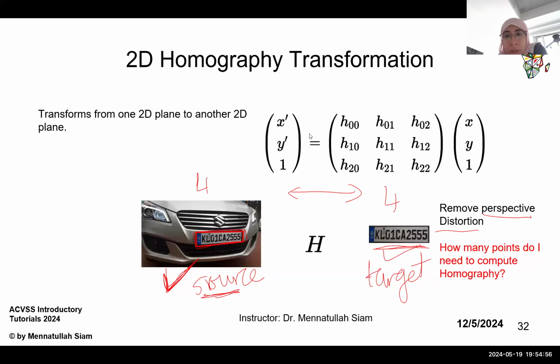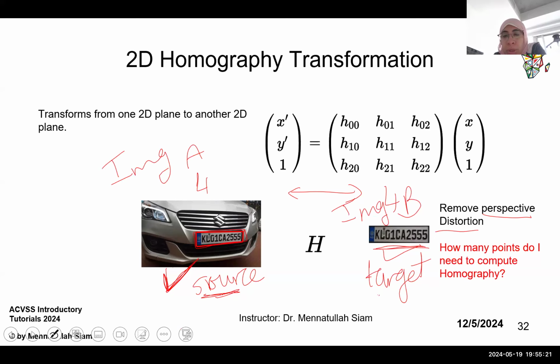Any suggestions? So I have a license plate. I'm trying to remove perspective distortion. I'm trying to go from image A to image B. So I want to provide 4-point correspondence. So I want to go from the source to 4-point correspondence in the target.